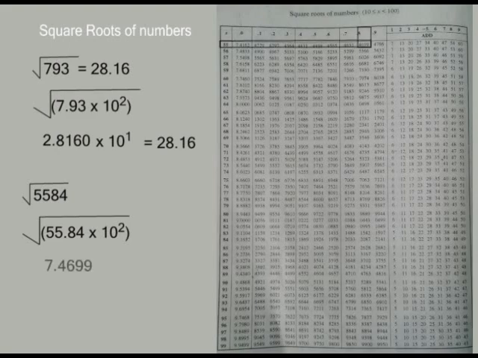We have 7.4699. Next, the add column coincides with 4 here. We have 27, and so we add it here. So we shall have 7.4726. Square root of 10 raised to power 2 is 10 raised to power 1. And so we shall have 7.4726 times 10 raised to power 1, or simply 74.726.